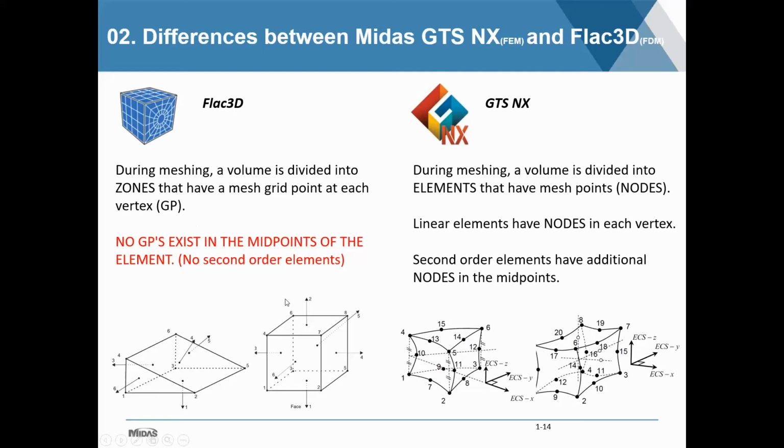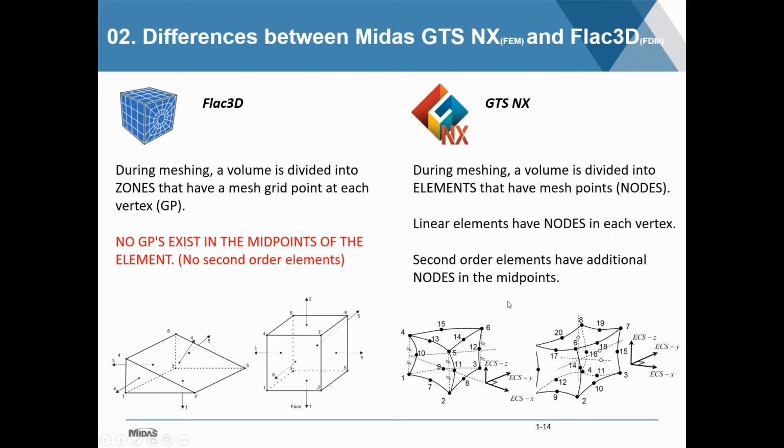They do point out that there are no grid points in between or as midpoints. We see here that between 1 and 2 there is no division, like there might be, as we see here on the right side for Midas. So that's another way of saying they're not higher order or second order elements. Whereas with Midas, when we divide a volume, we refer to them as elements. It's made up of elements, and each element has nodes. This would be one element that has corner nodes, and if it's a linear element, the nodes are only on the vertices at the corners.